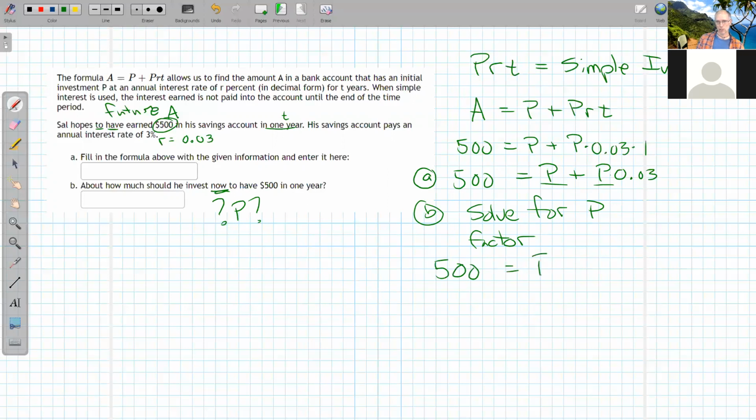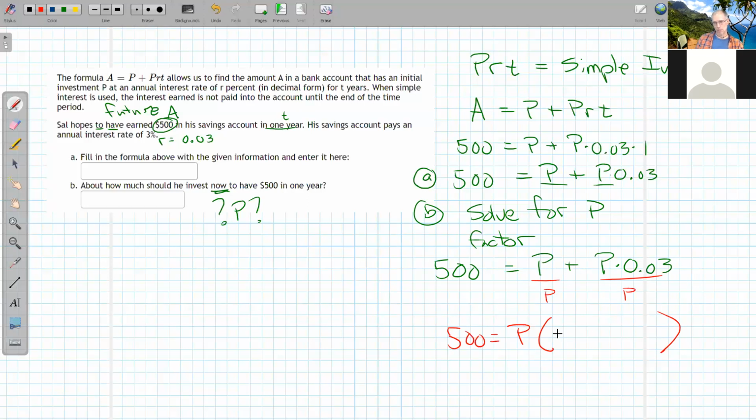I'm just going to rewrite this for a sec. And factoring is like dividing. So what I do is I imagine that I divide each piece here by P, but I pull the P out front with a parentheses.